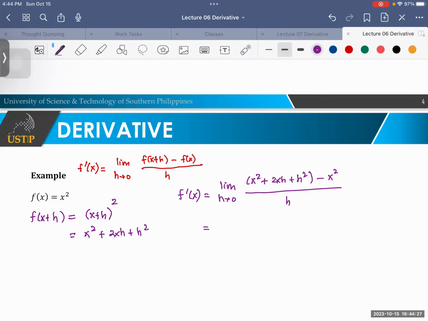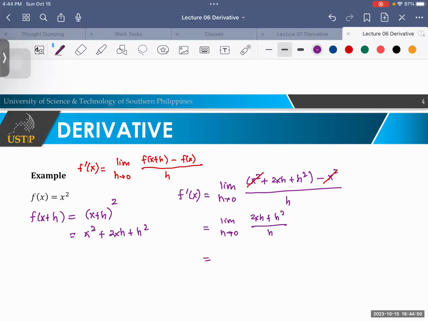So find a way to get rid of the h. Okay? So, let's simplify. We'll have the limit of, it's easy, we just cancel because we have x squared minus x squared. So it disappears. That leaves us with 2xh plus h squared all over h.